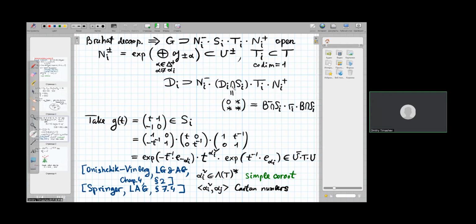Yes. Well, actually, I skipped this, but it is true that this product is a direct product of varieties. So this decomposition is unique. If you have an element G sitting in here, then it is uniquely decomposed as a product of something from here, from here, from here, and from here. This again stems from the Bruhat decomposition.